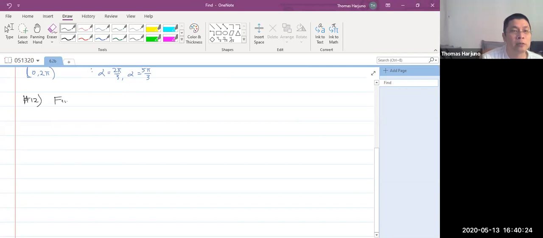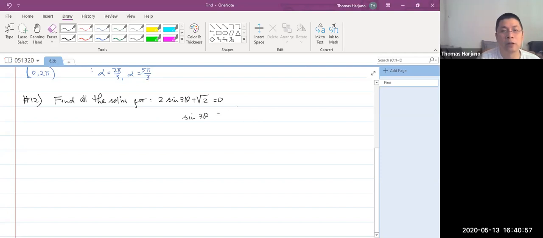Find all the solutions for 2 sine 3 theta plus radical 2 equals 0. So I subtract radical 2, then divide by 2. That's negative radical 2 over 2.